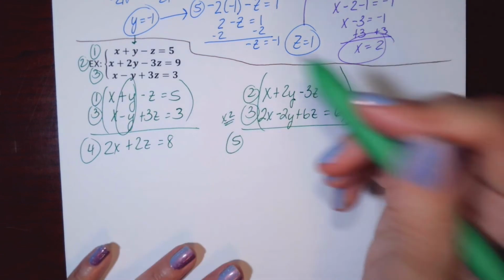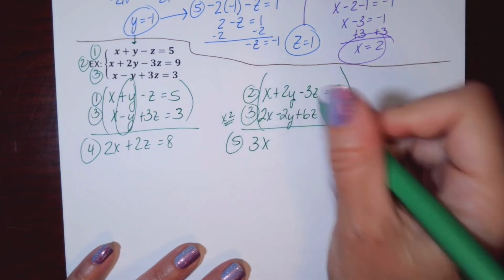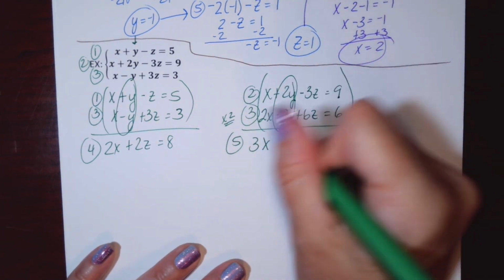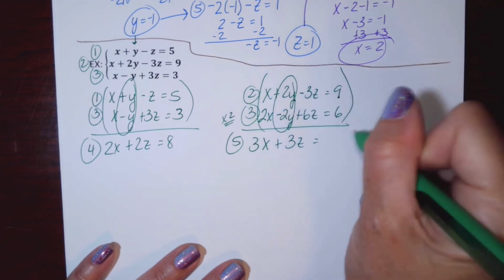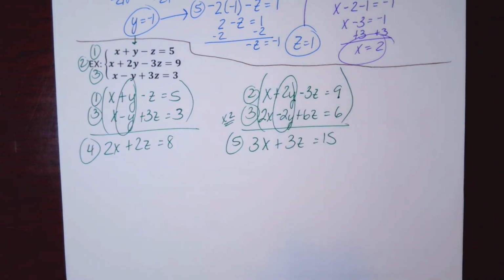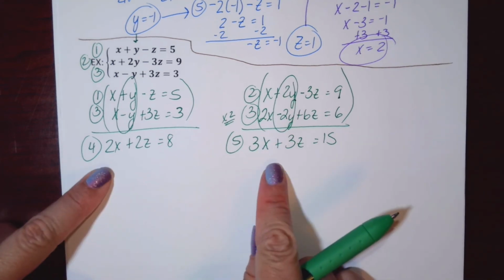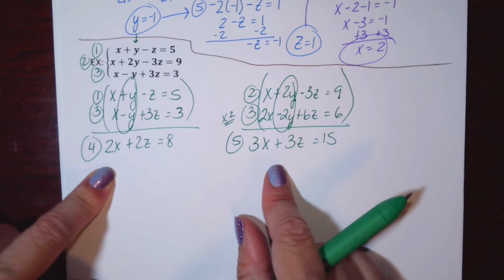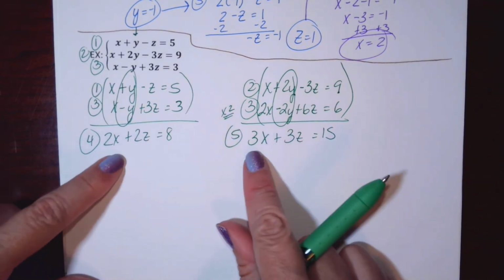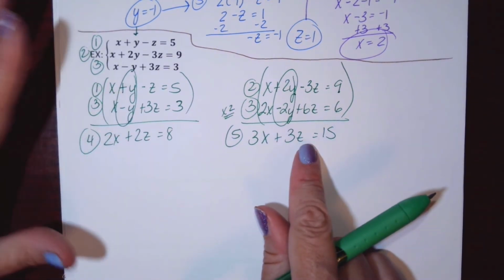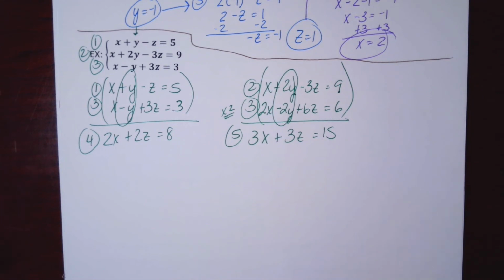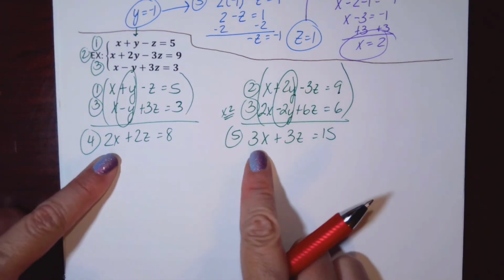So our fifth equation, our reduced system, 3x, y's add to 0, plus 3z equals 15. Okay. So we've got equation 4 and equation 5. We need to solve for x or z, and I'm seeing something going on with coefficients here that makes me a little concerned. We are going to focus on adding my x's to 0.